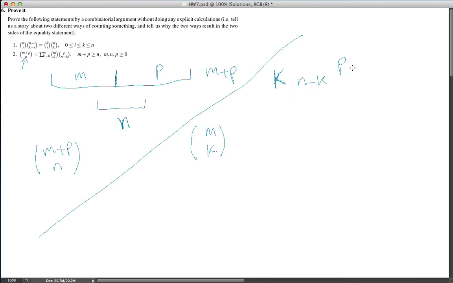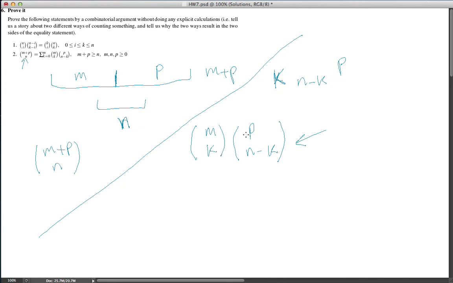Because they have to add up to n. So the number of ways to choose female members is just p choose n minus k, right? So this is exactly the number of ways to choose a committee with k male members.